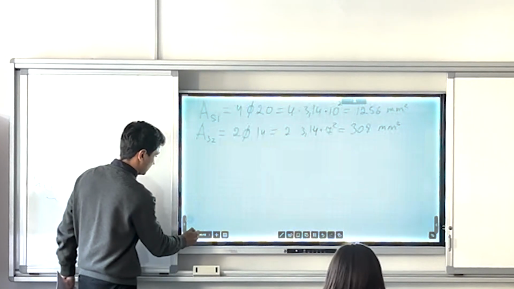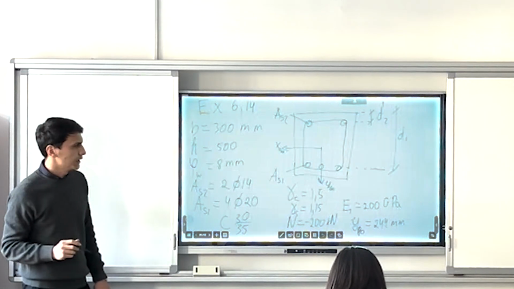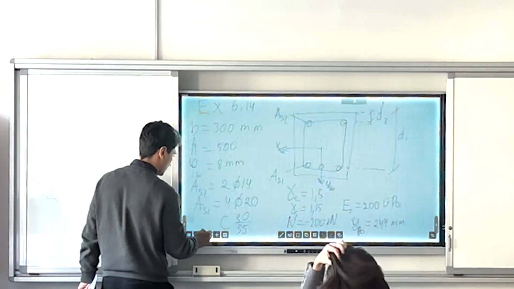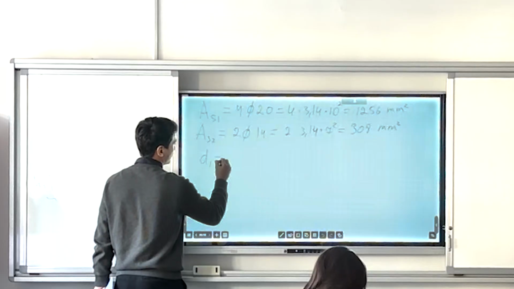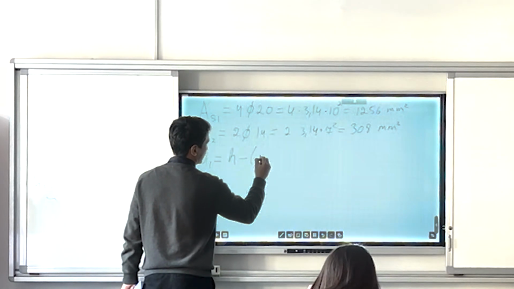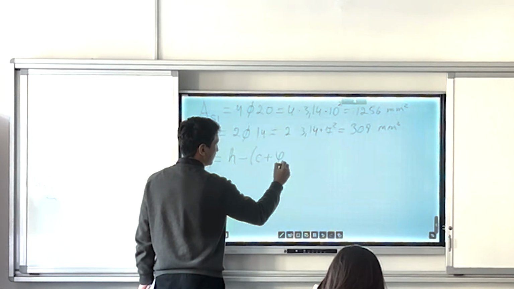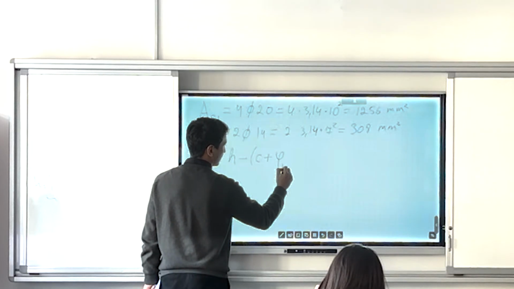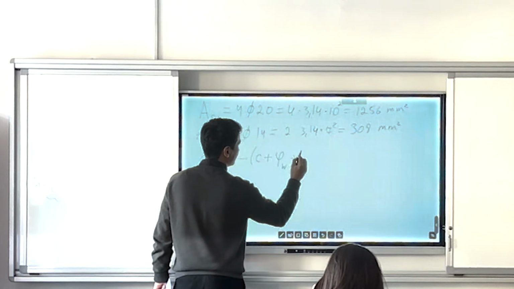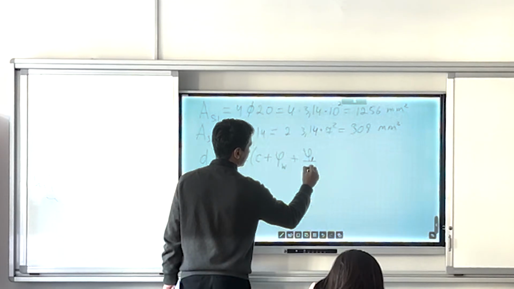Now let's find D1 and D2 prime, the distances from the top fiber to the bottom reinforcement and to the top reinforcement. D1, from the top fiber to the bottom reinforcement, is H minus the cover, minus the diameter of the stirrup VW, minus half of the diameter of the bottom rebar, phi 1 divided by 2.